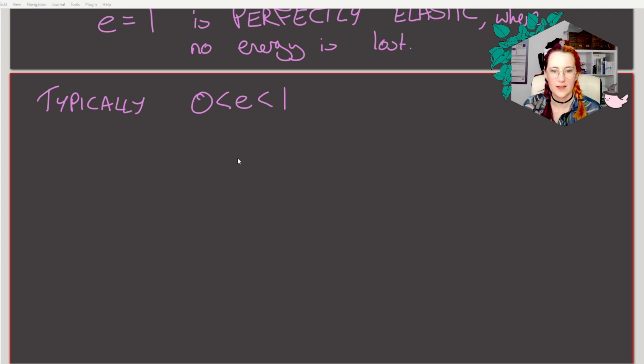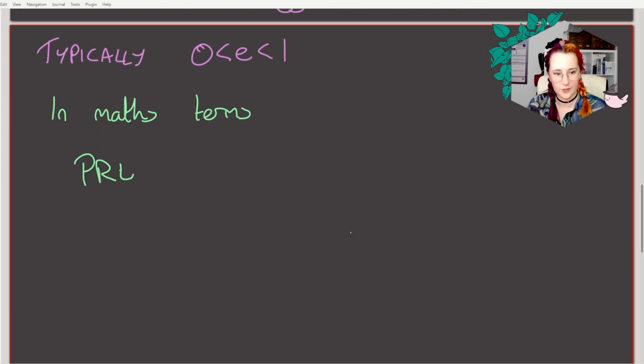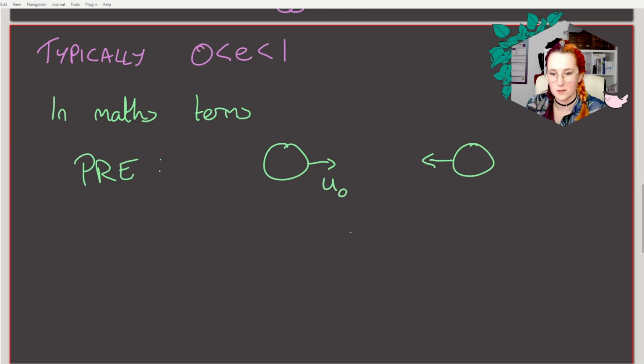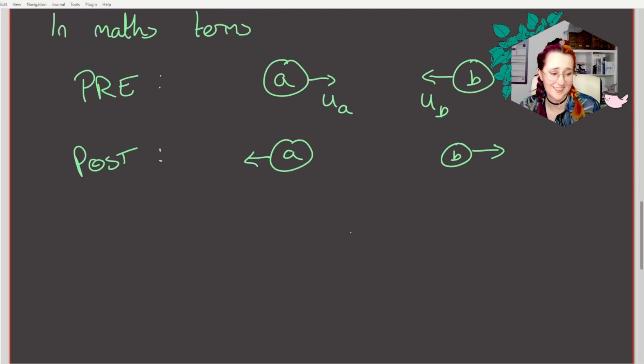So what does that look like in maths terms? Well, if we have our normal way of doing collisions from when we did impacts and impulse and momentum, we had our two objects going towards each other, where this would be UA and UB, where this object is A and this object is B. And then I would have post, say, for example, them moving away from each other, with VA and VB.